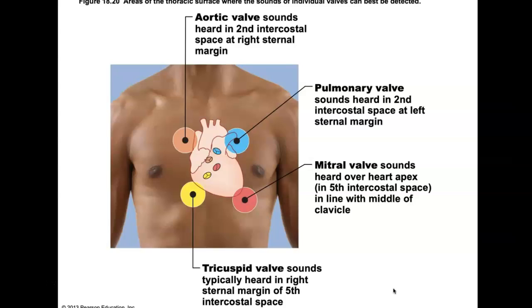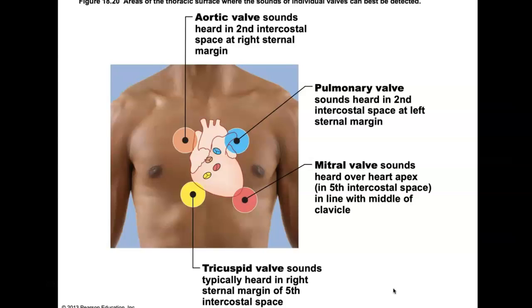Most often, however, murmurs indicate valve problems, meaning that an insufficient or incompetent valve fails to close completely. There is a swishing sound as blood backflows, or regurgitates, through the partially open valve after the valve has supposedly closed. A stenotic valve fails to open completely, and its narrow opening restricts blood flow through the valve.